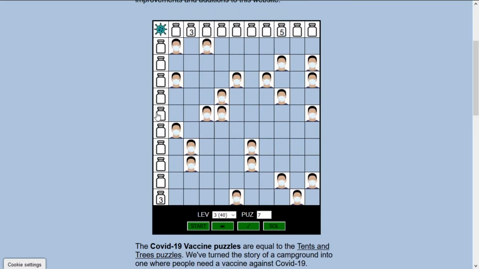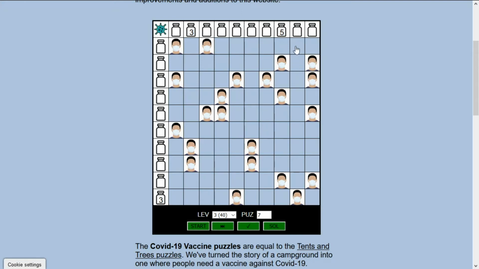You see, it's more difficult because we have bottles without a number. That means that we don't know how many vaccines are available. So the simple thing to start is looking for bottles with number 0. Then you can make that row or column white, but there are no bottles like that.